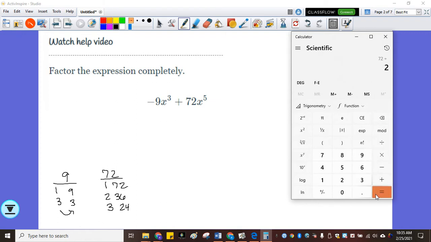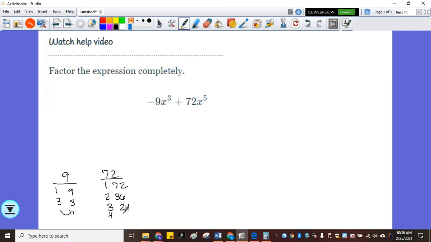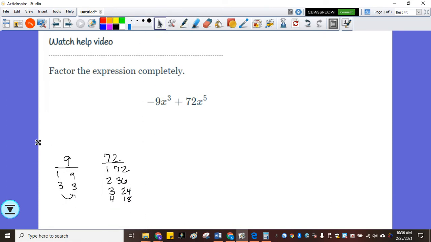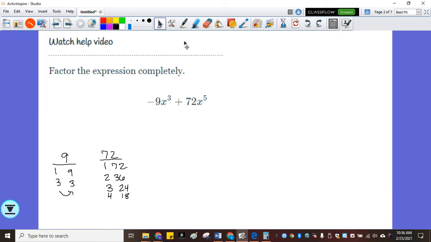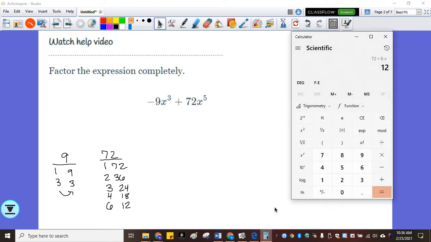3 and 24. 72 divided by 2, just to make sure I didn't mess up. Okay, 36. 3, 24, 72 divided by 4, 18. 5 doesn't go into it because it doesn't end in a 5. 6 goes into it because 2 and 3 both go into it. 6 and 12. 7 shouldn't. 72 divided by 8, 8 and 9.